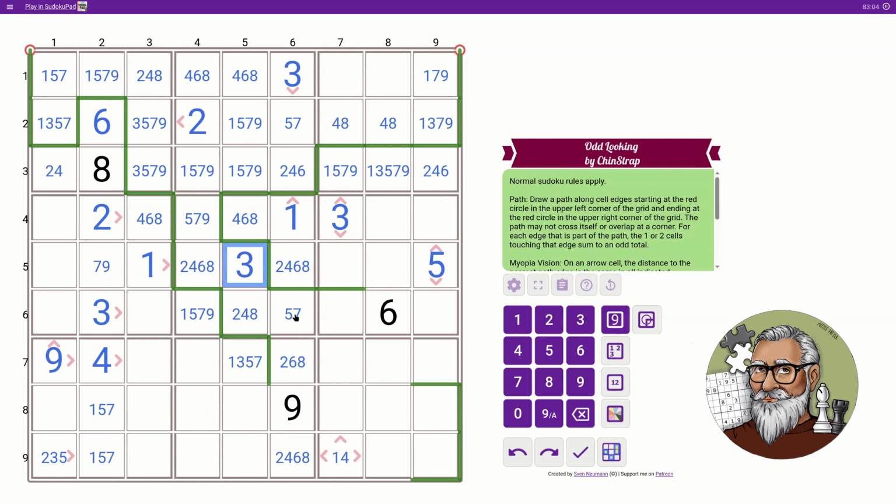We get a three. 1, 2, 3, 4. 1, 2, 3. No, it's one of each.